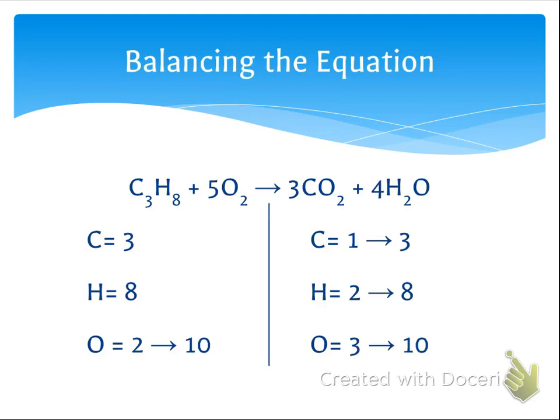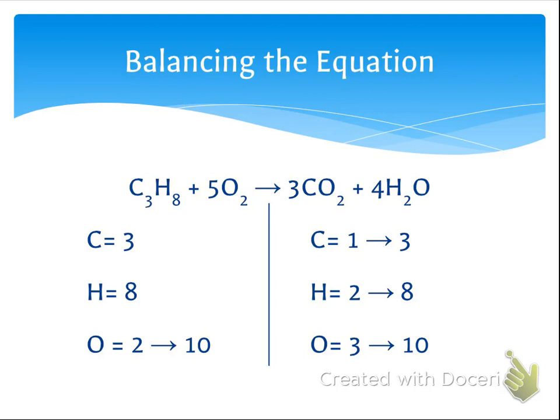To balance it, first we would add a coefficient of 3 in front of CO2. When you add a coefficient to the front of a compound, the coefficient gets multiplied by the subscript. Now, the amount of carbons would be 3, and the amount of oxygen would be 7 because 2 times 3 is 6, but we can't forget about the second oxygen.